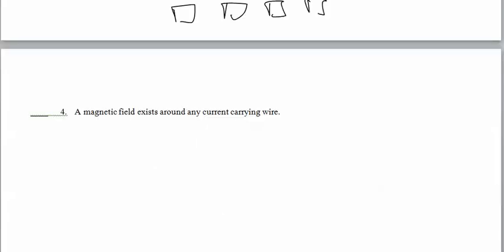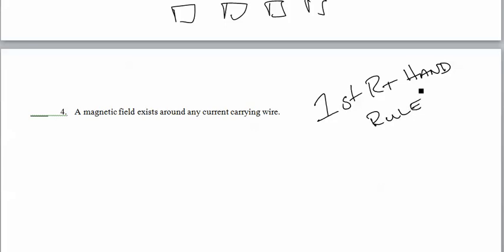Okay, a magnetic field exists around any current carrying wire. Well, this goes right back to the first right-hand rule. Alright, if I have a wire, here's my wire, and we know that conventional current is the flow of protons.